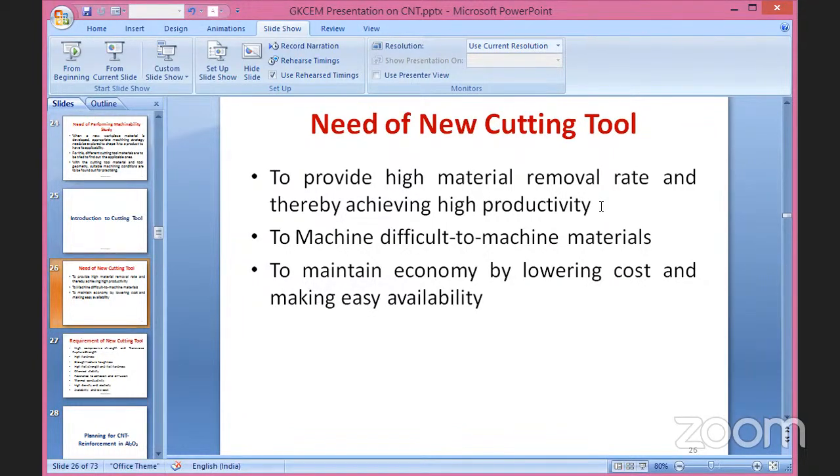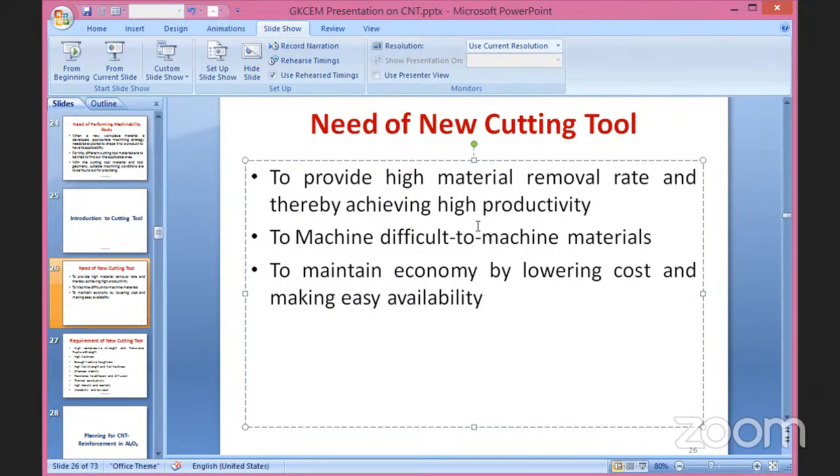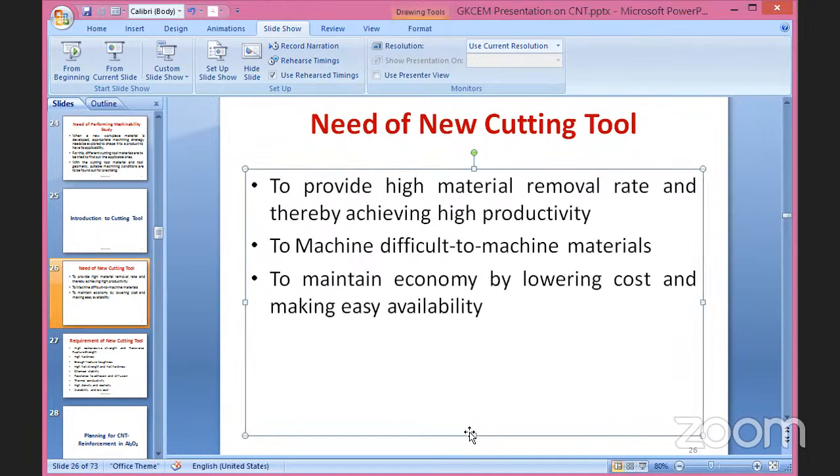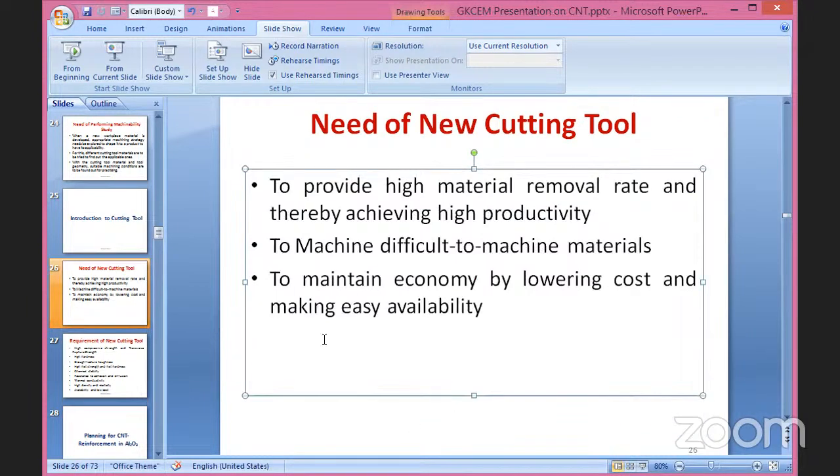Even some coated HSS tools are found which can cut up to 100-120 meters per minute. That is possible. And to machine difficult-to-machine materials, you require some new cutting tool development. And to maintain economy by lowering cost and making the cutting tools easily available, that is also one important issue. So these three things outline the basic requirements of new cutting tool development.